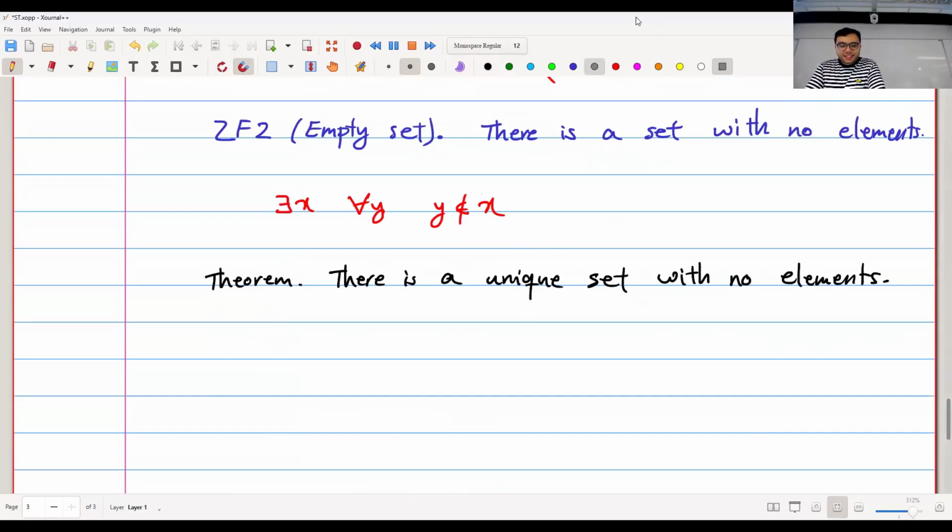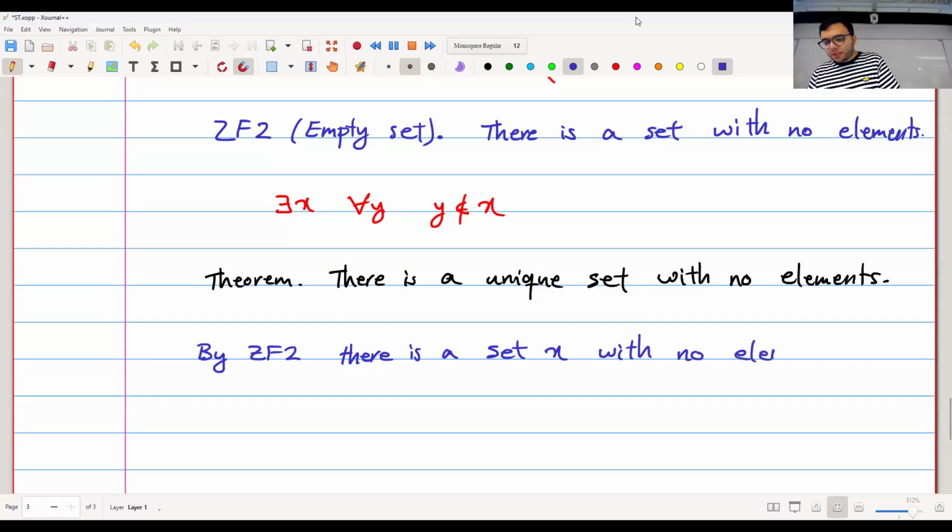The first thing I can say is that I can use this second axiom to say that there is an empty set, right? So by this second axiom, by ZF2, there is a set X with no elements.